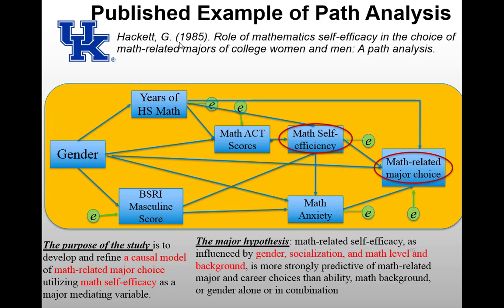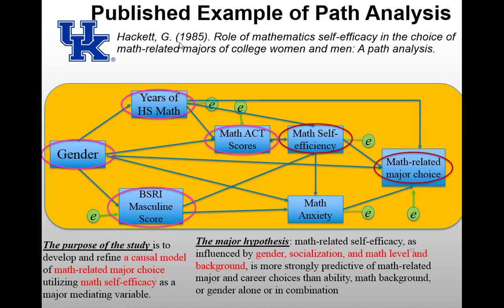So their major hypothesis is that math self-efficacy, if influenced by gender, socialization, which is a kind of scale measured by the masculine score, MSRI, and math level and math background, is more strongly predictive of the math major choice than any of these mediators alone or combined.